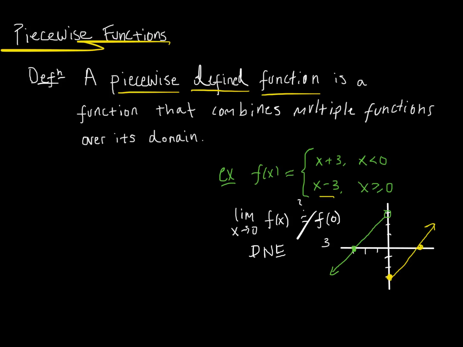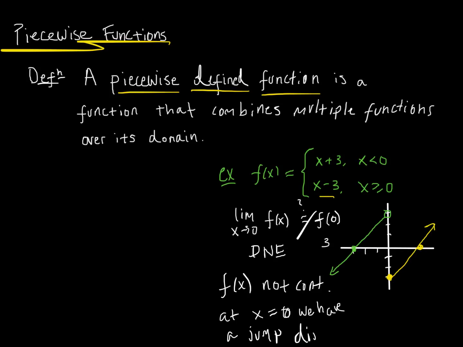So we could say f of x is not continuous at x equals 0. We have a jump discontinuity. Okay?